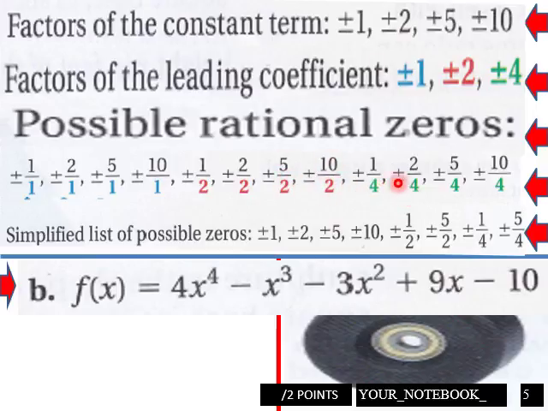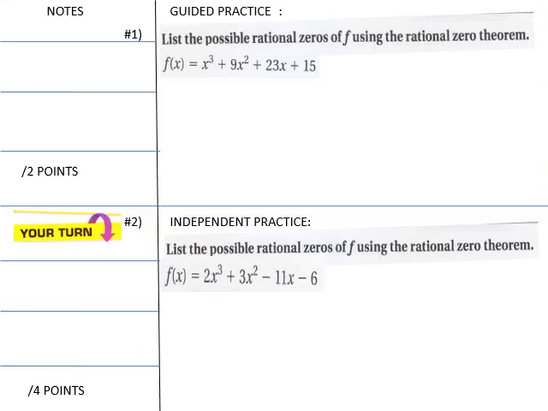And then 1 over 4, and then 2 over 4 would be 1/2. Again, 5 over 4, that's a new one, and 10 over 4, which would be 5 over 2. So that would be possible rational zeros for this polynomial here.